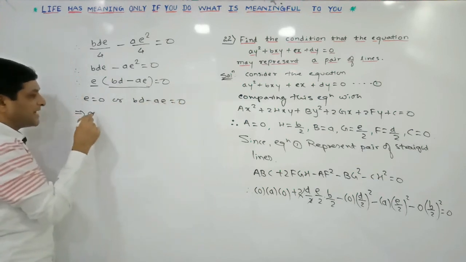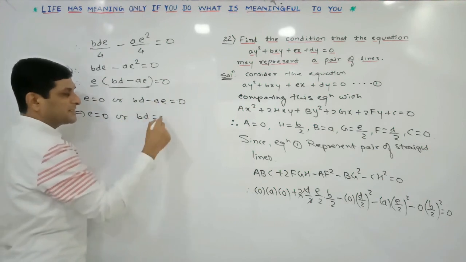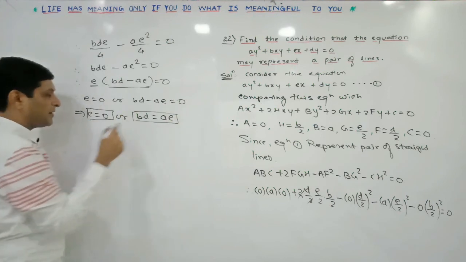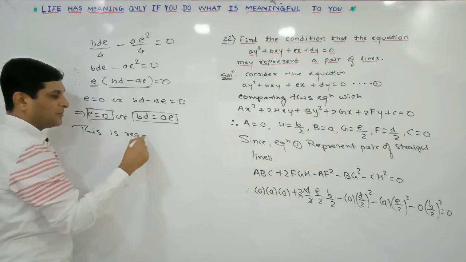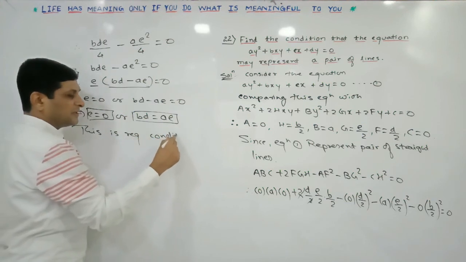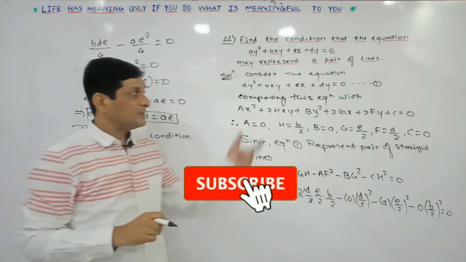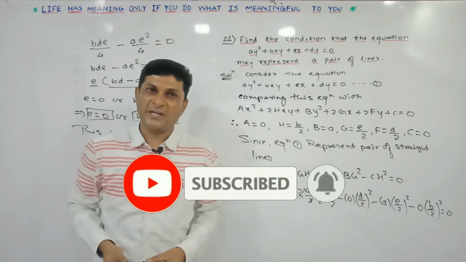So this implies that e is equal to 0 or bd is equal to ae, as minus ae on this side will become plus ae. In this way we have got our required condition. So this is the required condition, means if these conditions are satisfied, only at that time this general equation of second degree represents a pair of straight lines.